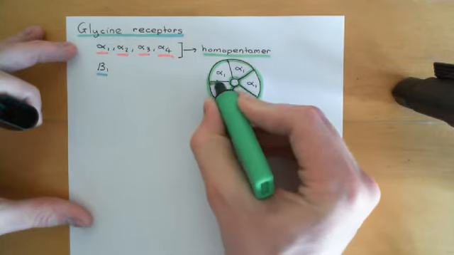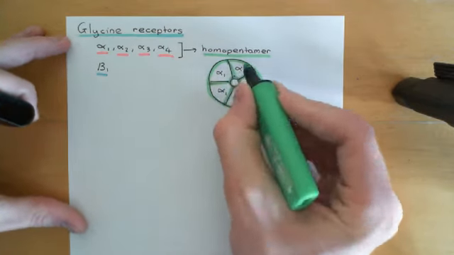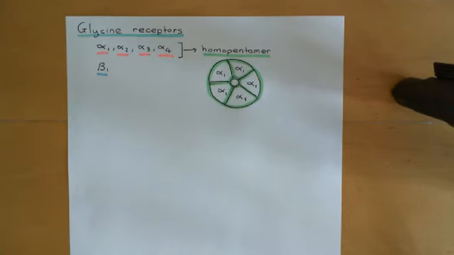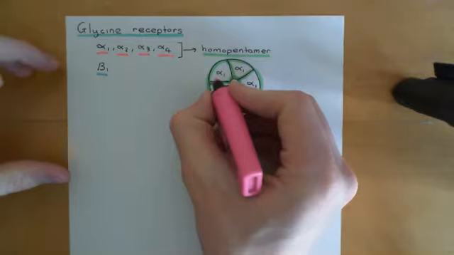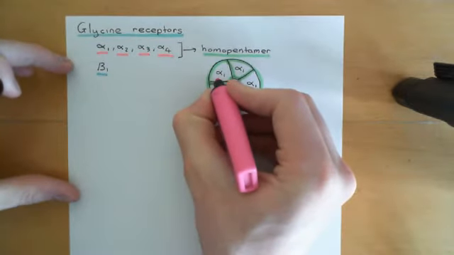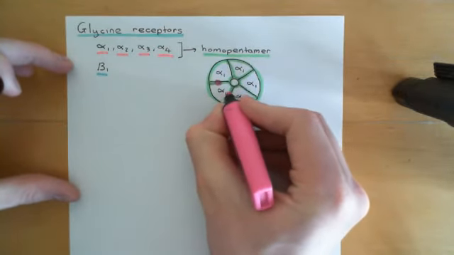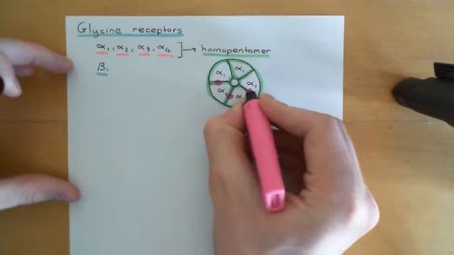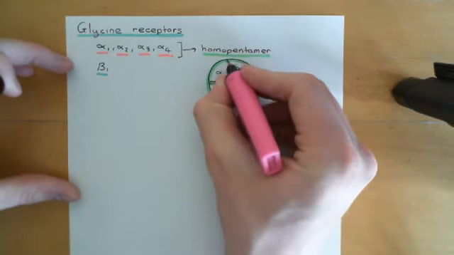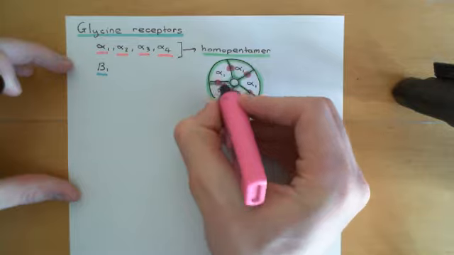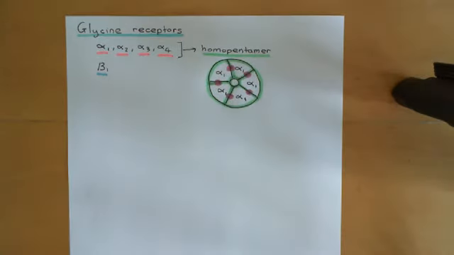So where will the ligand binding sites be for these homopentamers? Well, we know that the ligand binding sites in Cys-Loop ligand-gated ion channels are always at the interface between neighbouring subunits. By the beautiful symmetry of these homopentamers, we therefore know that we must have 5 ligand binding sites for glycine, 1 at each of these interfaces between neighbouring alpha 1 subunits like so. Each one of these purple dots must be a binding site for glycine.